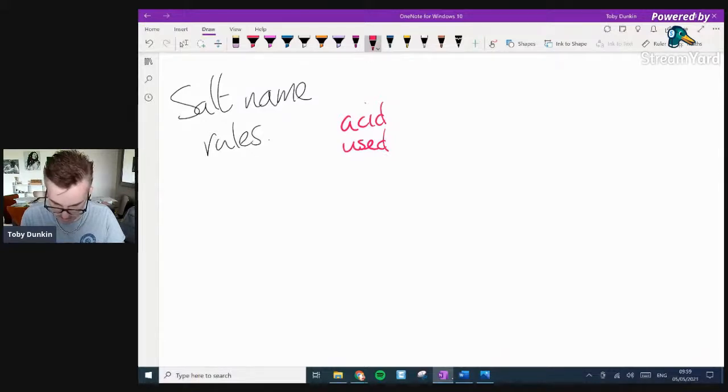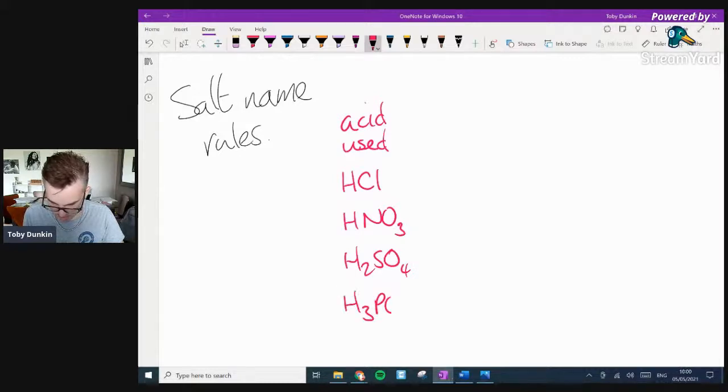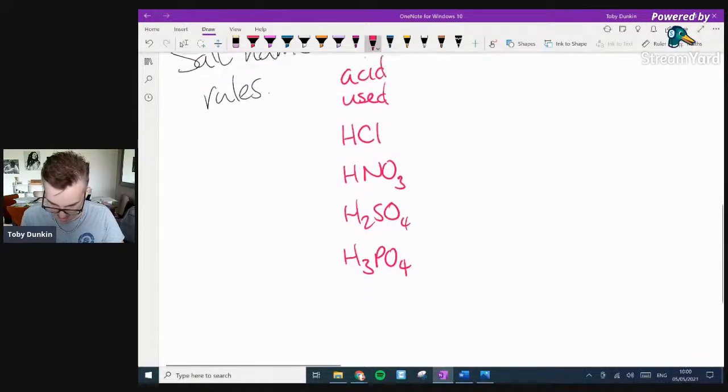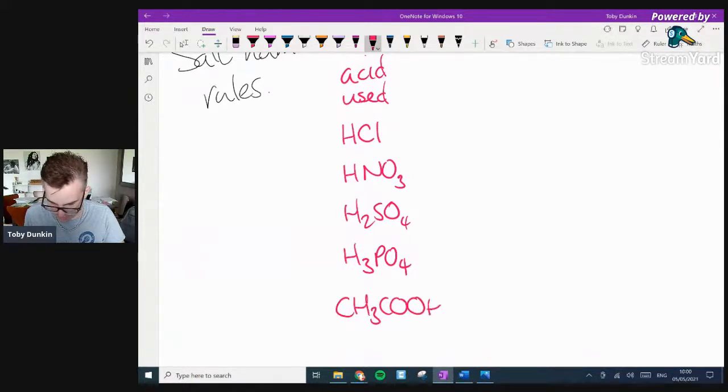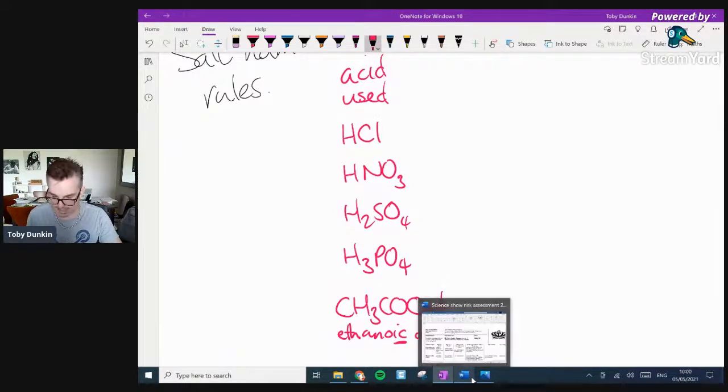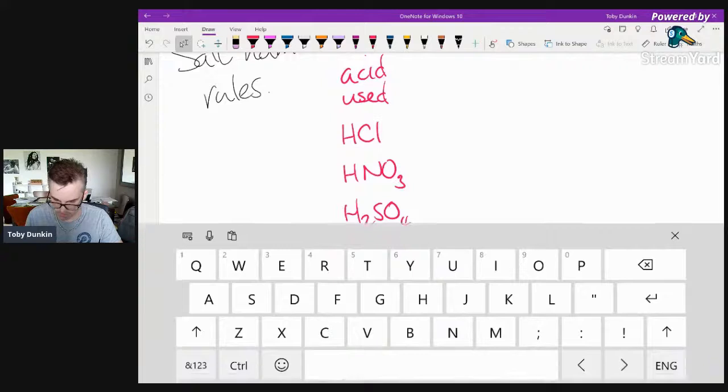So we've got hydrochloric, HCl, HNO3, H2SO4, H3PO4, and also vinegar. This one's the tricky one. This is ethanoic acid. You'll understand why I've underlined the ic acid in a minute.